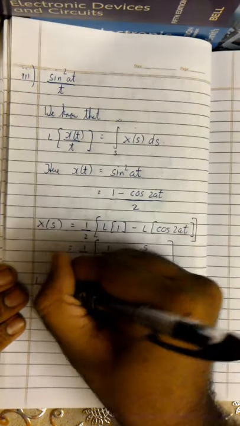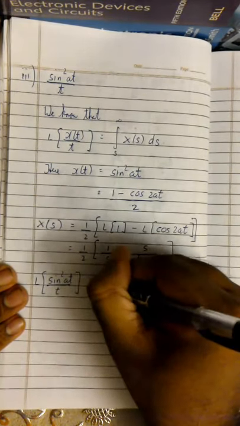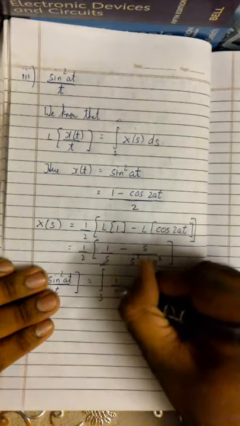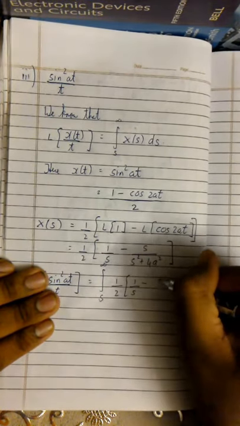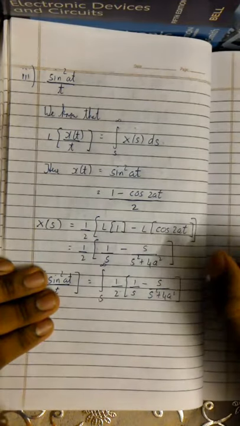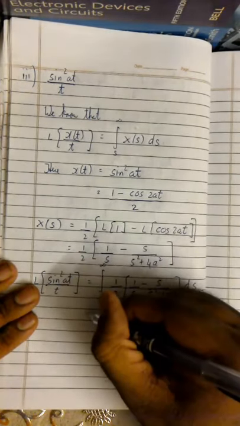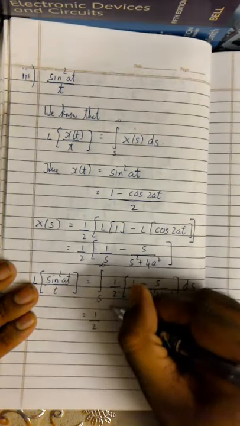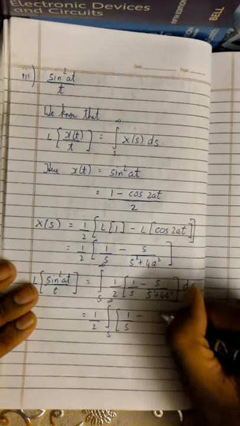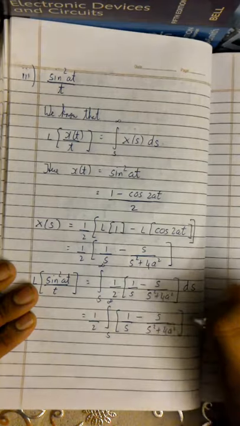So the Laplace transform of sin²(at)/t is equal to the integral from s to infinity of X(s), which is 1/2 into (1/s minus s/(s² + 4a²)). I'll bring this 1/2 outside, so this becomes 1/2 times the integral from s to infinity of (1/s minus s/(s² + 4a²)) ds.